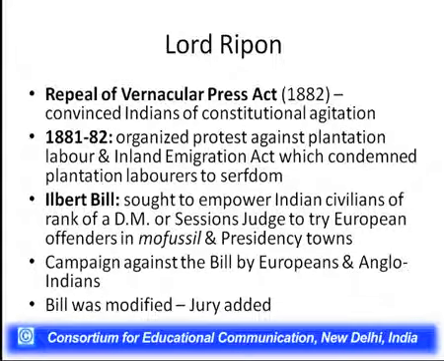There was a campaign against this bill by the Europeans and the Anglo-Indians, and the bill was modified and a jury was added, that in the cases relating to the Europeans or the British, a jury will be there, in which out of 15 members, 8 members will be of European descent or American descent. So in this way, the purpose of this bill was also defeated. The Ilbert Bill, which wanted to provide some kind of parity to the Indians, was taken away by the British.